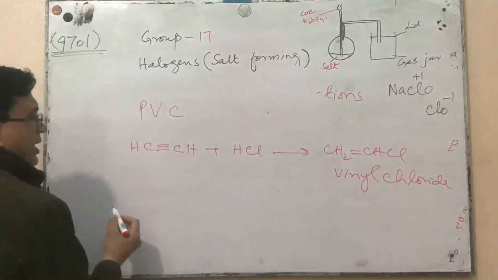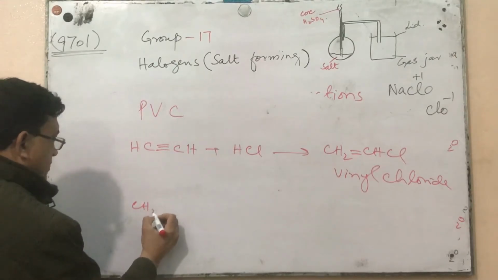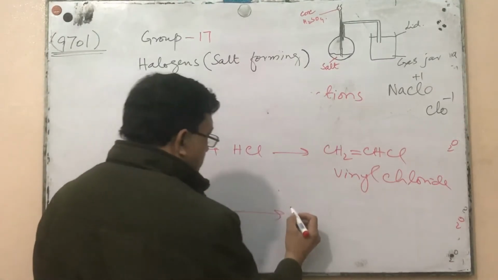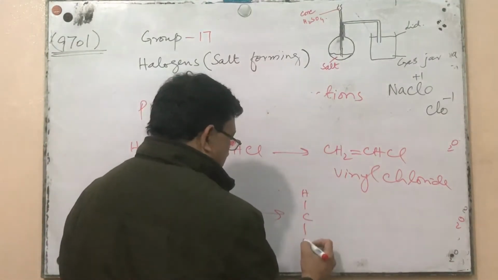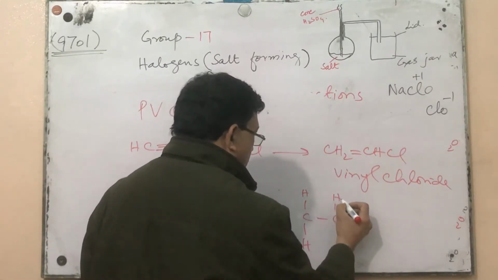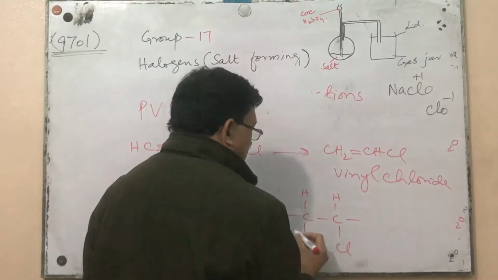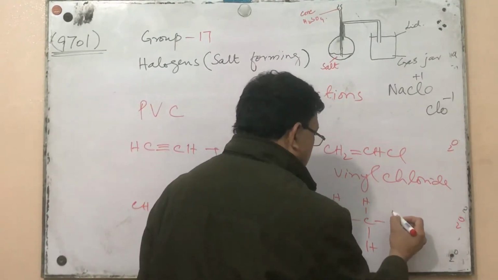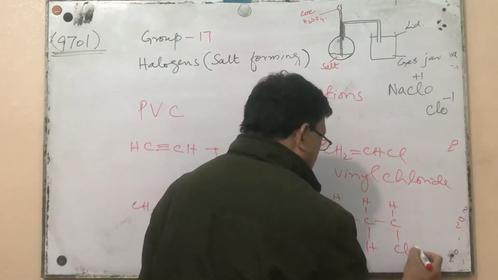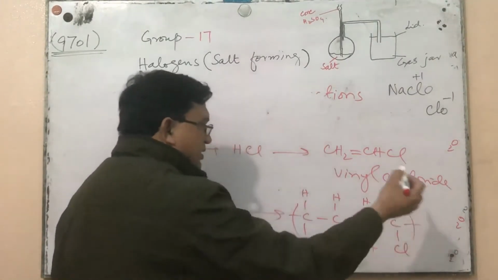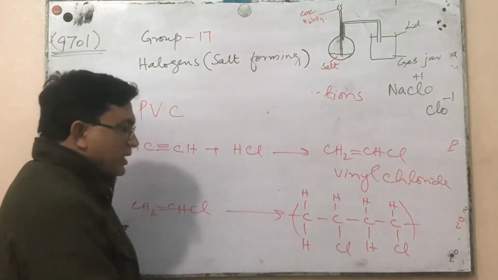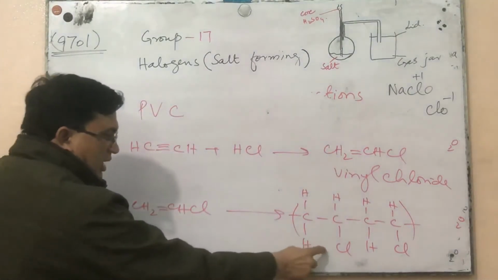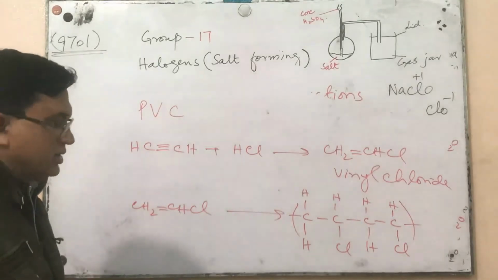Now this vinyl chloride, CH2=CHCl, is polymerized, producing such a type of polymer. This is called polyvinyl chloride, PVC. This is the small representation of the PVC polymer, which is also obtained from halogen compounds.